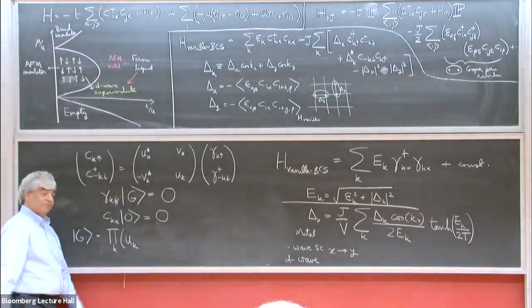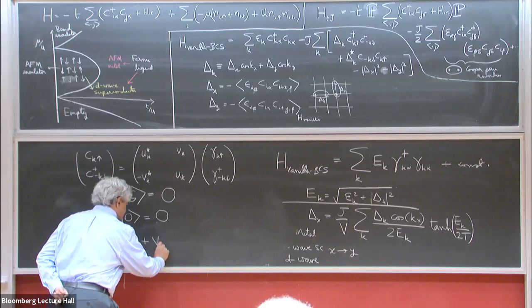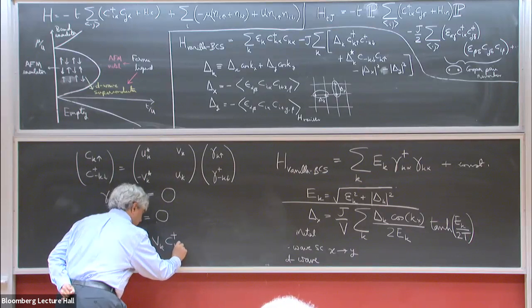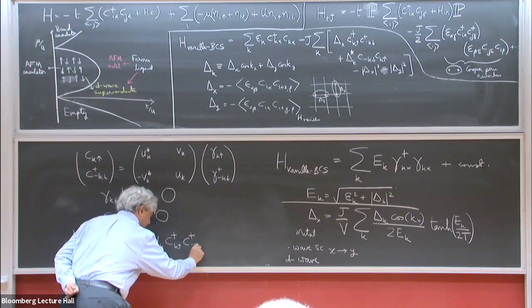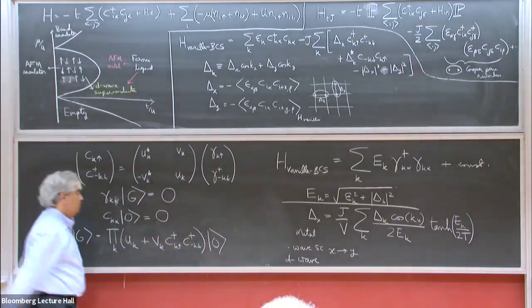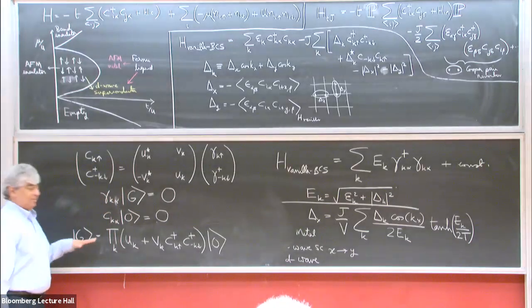I think the homework is to solve a problem like this for bosons. In fact, the answer for fermions is even simpler. It turns out to be C dagger k up, C dagger minus k down. So this is the famous BCS wave function.